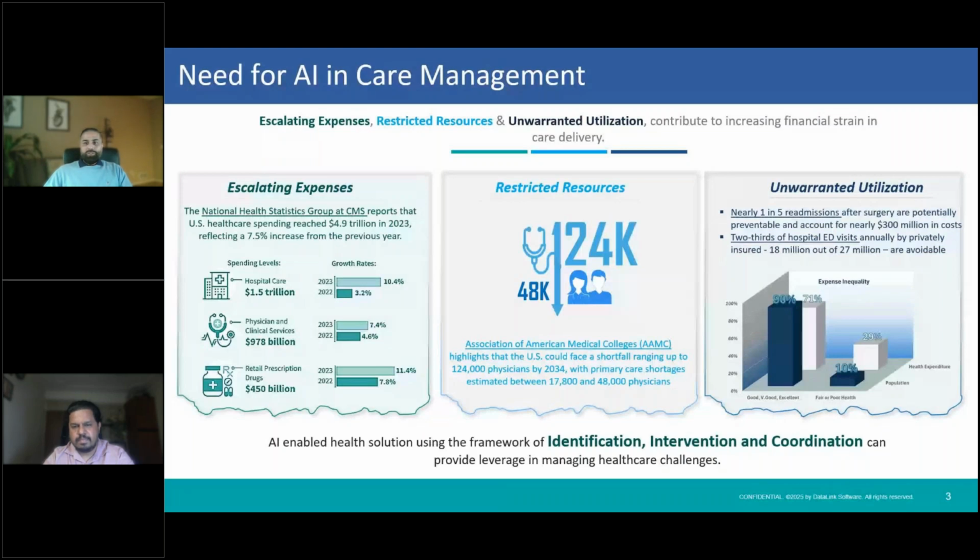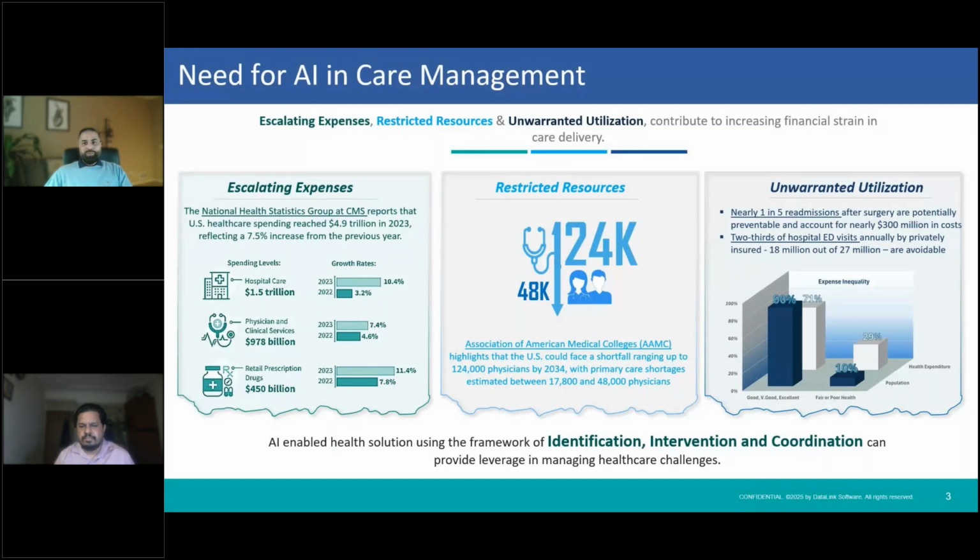An effect of this is unwarranted utilization, which is a symptom of systemic inefficiencies. 10% of the population utilizes 30% of healthcare expenditure, but still a good 90% utilizes 70%, which demonstrates the spread. The utilization happens across the board, and hence it requires pinpointed precision.